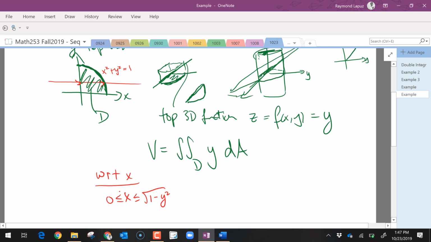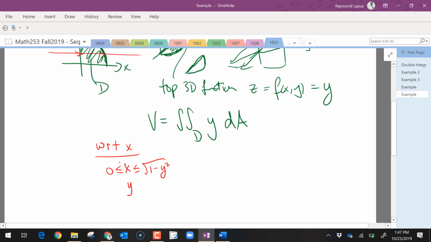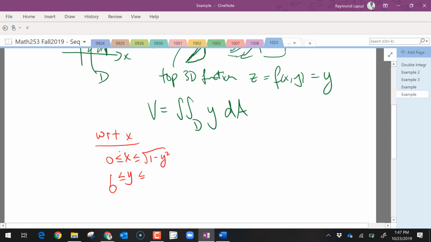And then how about your y limits? Always constants, 0 to 1.